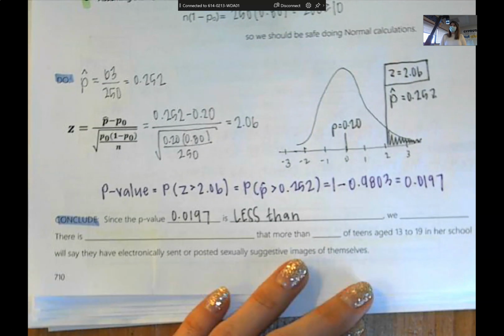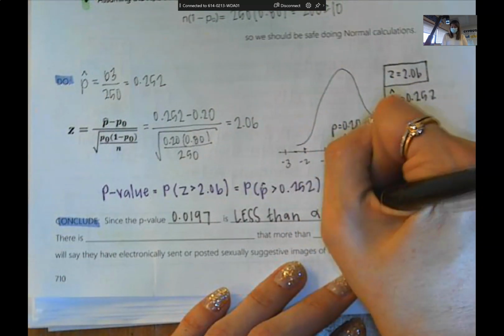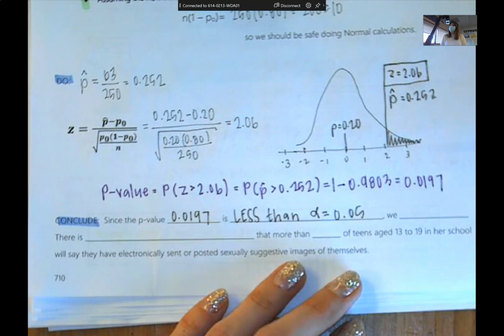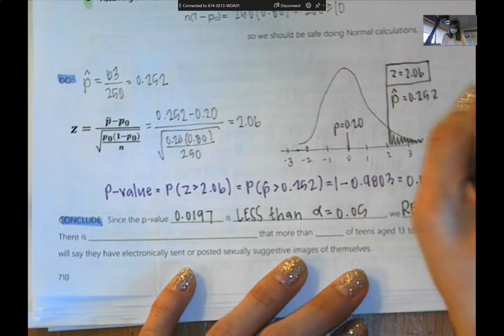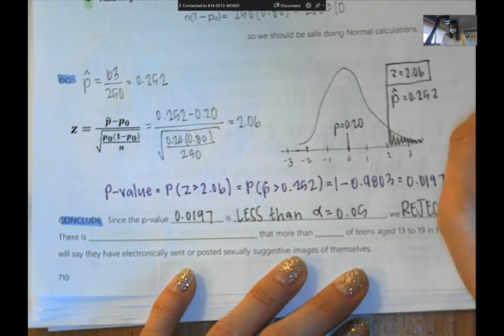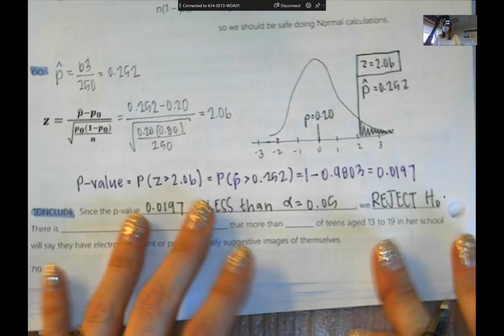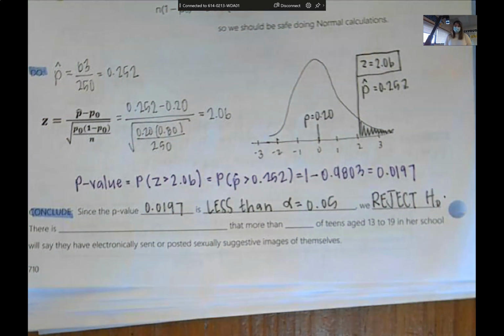So 0.0197 is less than our alpha of 5%. We reject H0. So we reject that at this school, 20% of students have electronically sent or posted images.